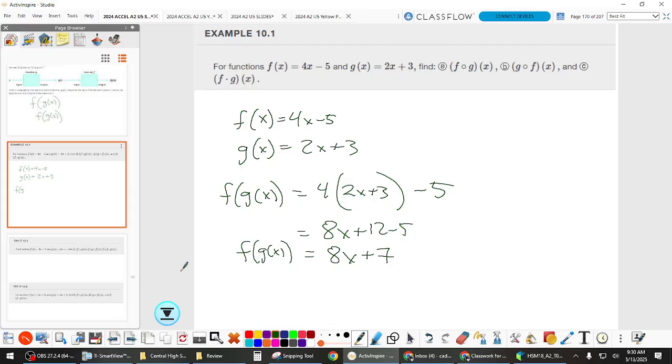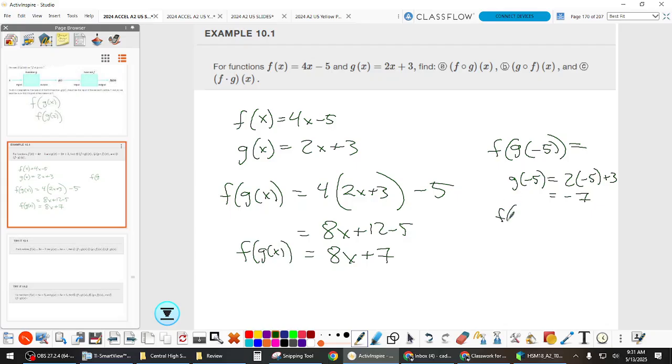And this is just in symbolic form, there's no evaluating, right? So if I said what is f of g of negative 5? You would just plug in negative 5. You could plug negative 5 into g. So what is g of negative 5? Negative 10. 13. No, 7. 2 times negative 5 plus 3 is negative 7.